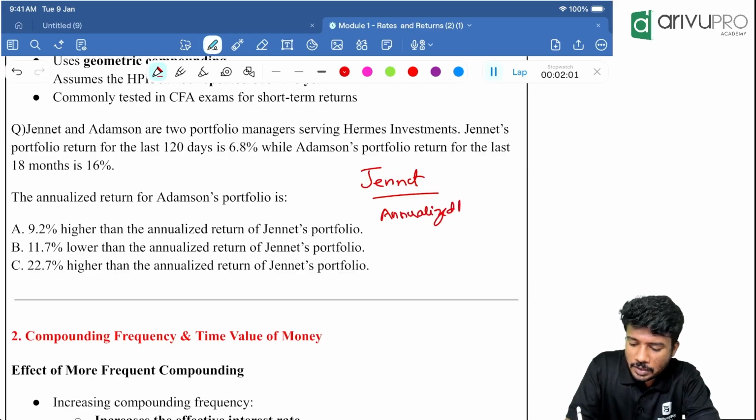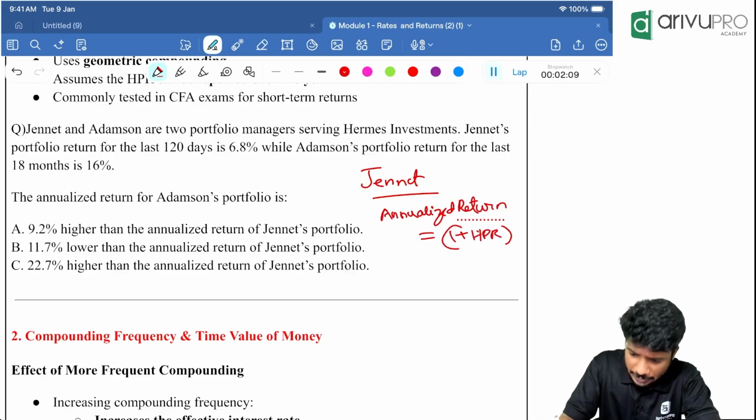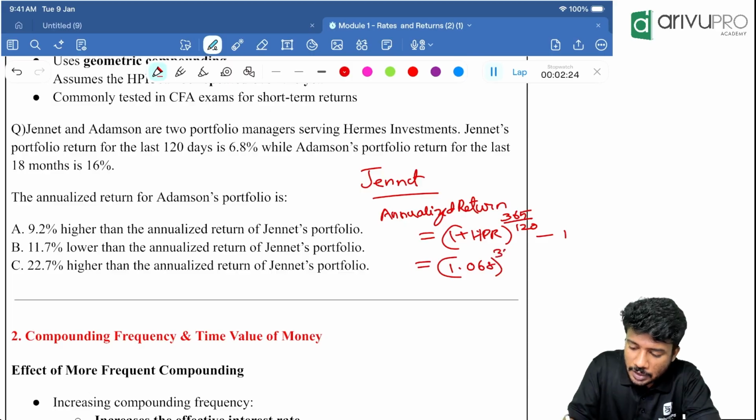Annualized return is equal to 1 plus HPR, the holding period rate, the entire thing raised to, it is given in days, that means 365 divided by 120 days, minus 1. That is nothing but 1.068, the whole power 365 divided by 120, minus 1.